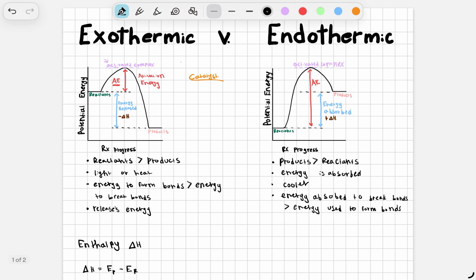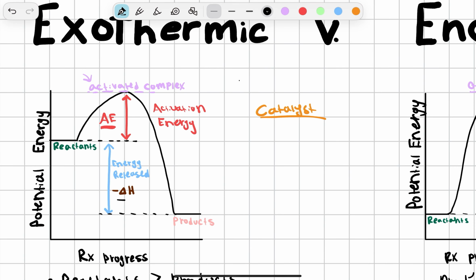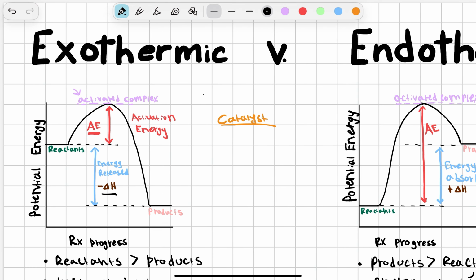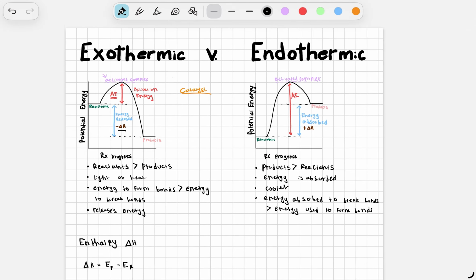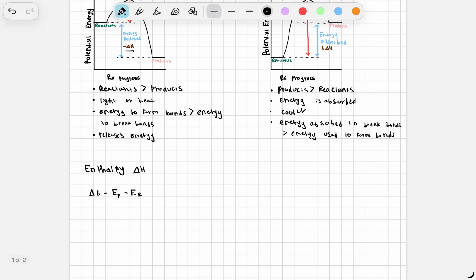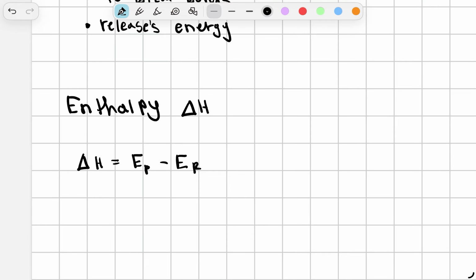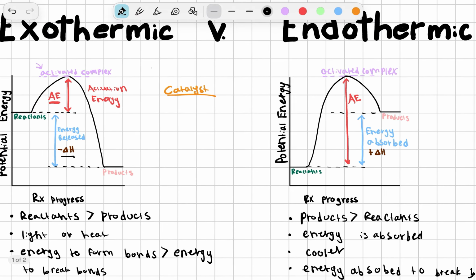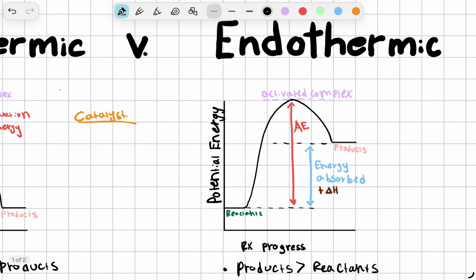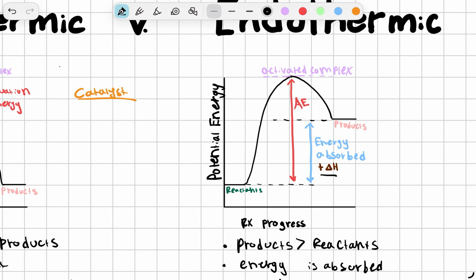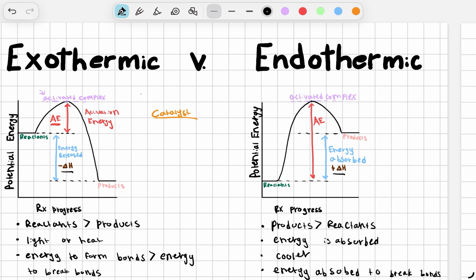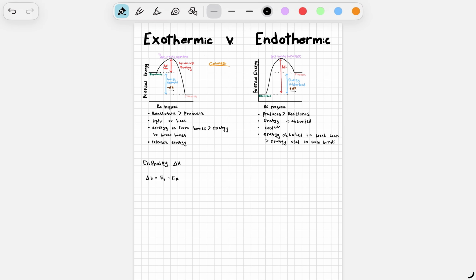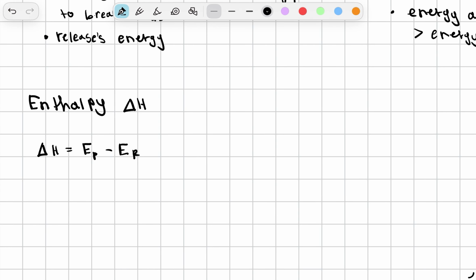Now you can see I wrote here that the change of enthalpy of an exothermic reaction is negative. Why? Because the reactants are greater than the products, meaning we'll end up with a negative number. But in the endothermic reaction, there is a positive enthalpy because the reactants are less than the products.